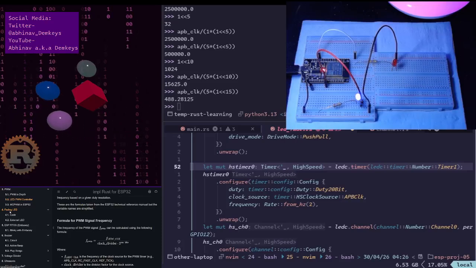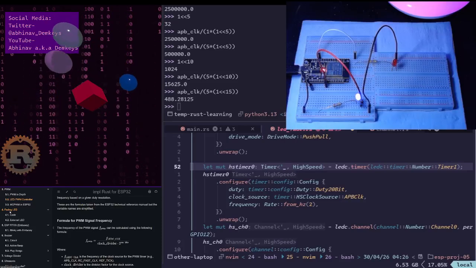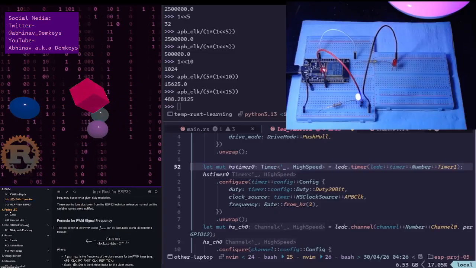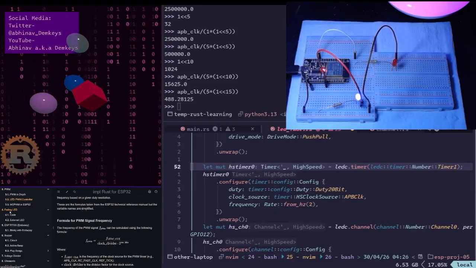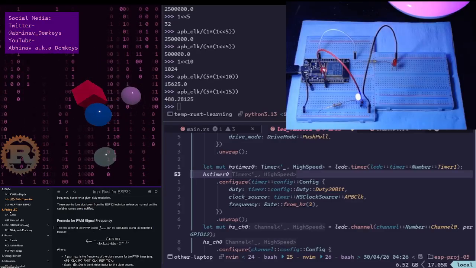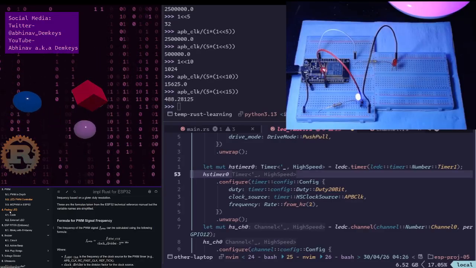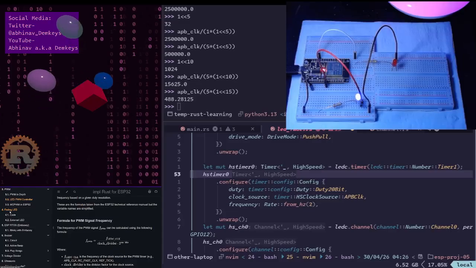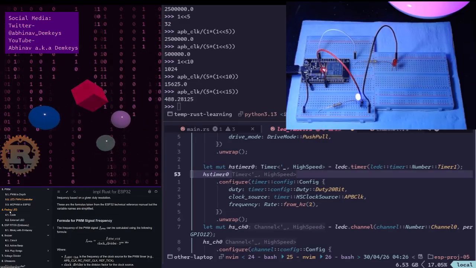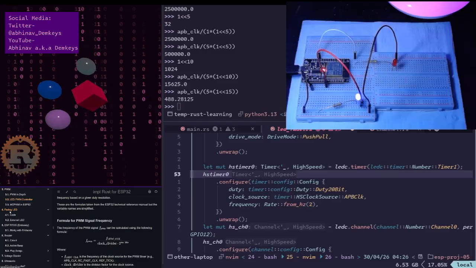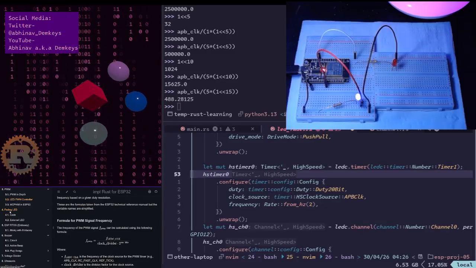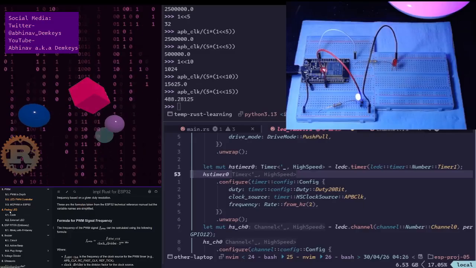There, much better. So we'll yank this and then paste it here. I'm learning about the ESP32 using no_std Rust with esp-hal.